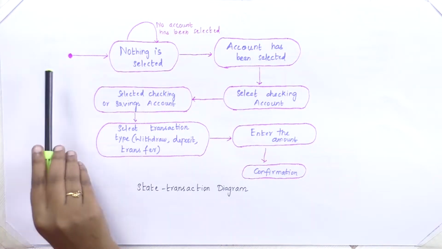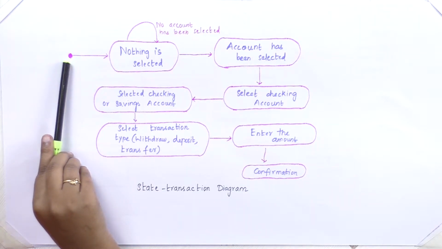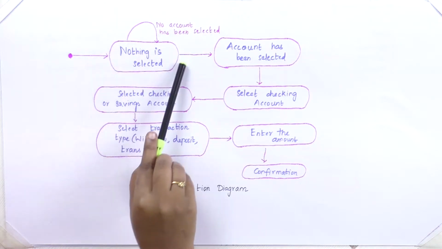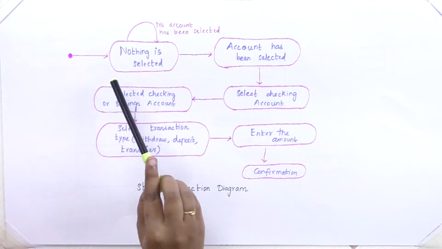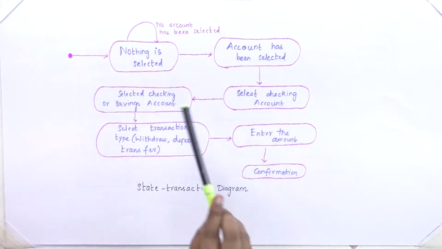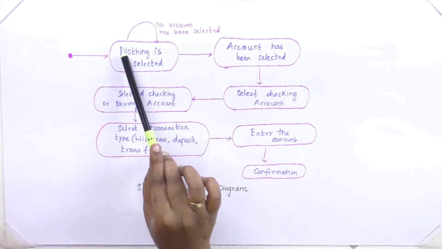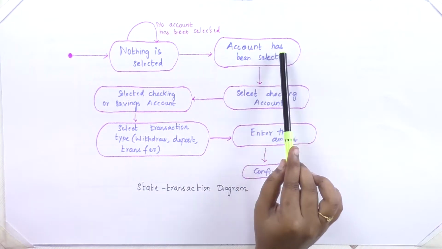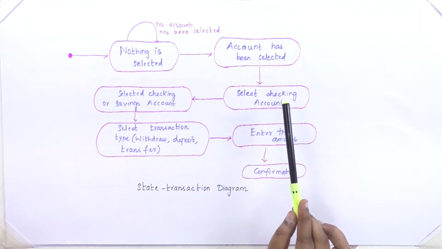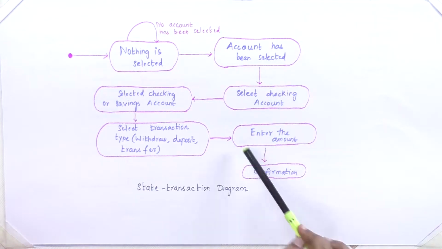Here this dot implies the starting phase, and the circle boxes imply the states of the system. Here, nothing selected is one state of my system, and account selected is another state. Similarly, you have states like enter the amount and confirmation.